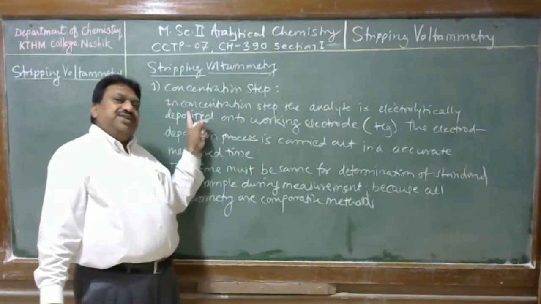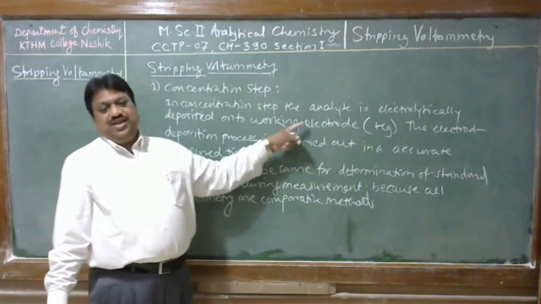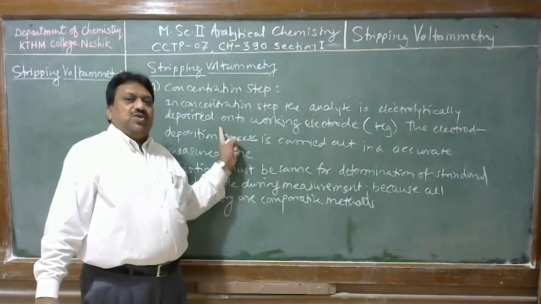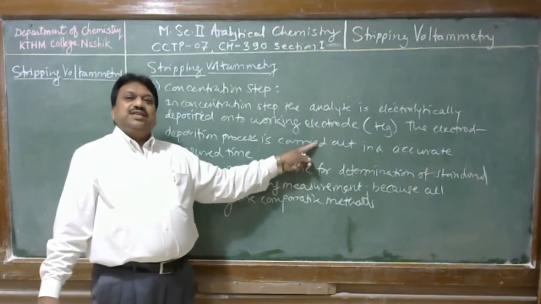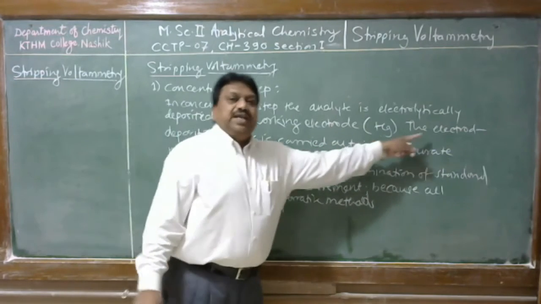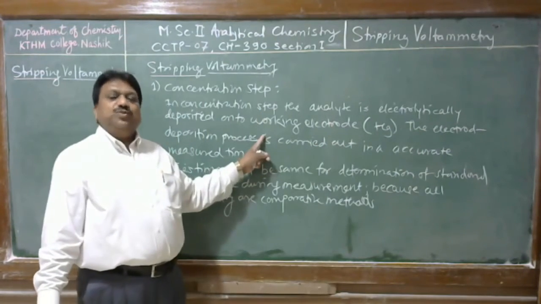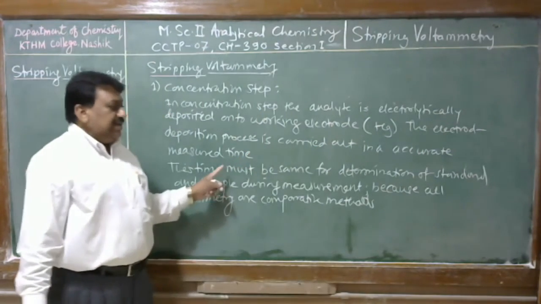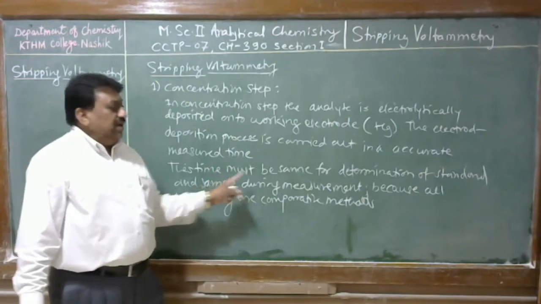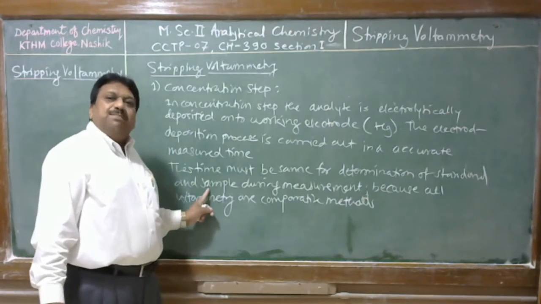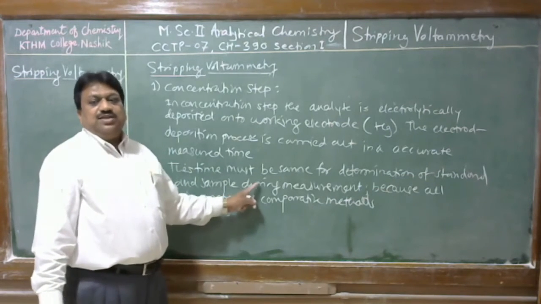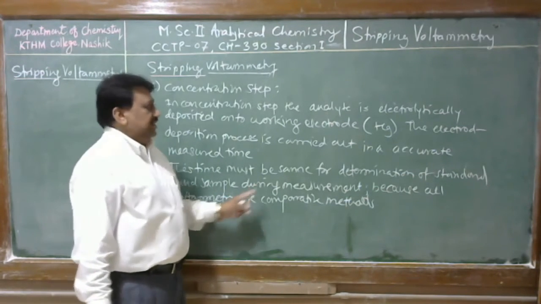Therefore, pre-concentration may be carried out either by oxidation or by reduction of the analyte. The analyte is deposited onto the working electrode in a measured time. Time should be accurately measured, and it is kept constant for determination of the standard solution of analyte and the sample solution of analyte, because it is a comparative method of analysis.